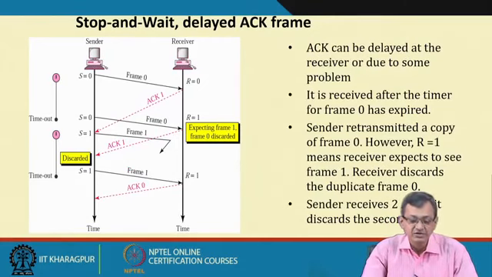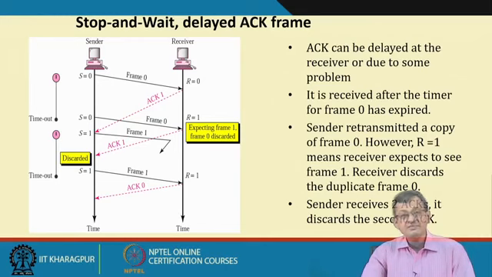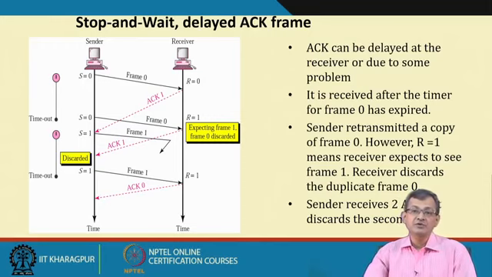Stop and wait delayed acknowledgement frame. It so happens that the acknowledgement is sent, but it is delayed, right. Acknowledgement can be delayed at a receiver or due to some problem. It is received after the timer for frame 0 has expired. The sender transmitted a copy of frame 0, however R equal to 1 means the receiver expects to see frame 1, so the receiver discards the duplicate frame 0.